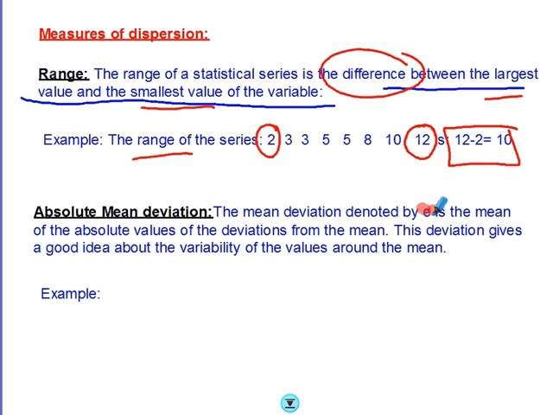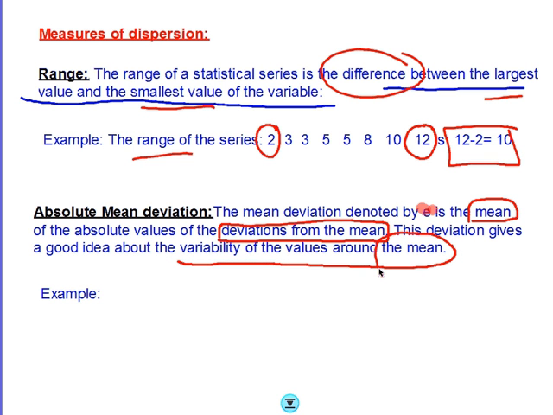It is the mean of the absolute values. When I say the mean here, I mean the average of the absolute values of the deviation from the mean. This deviation gives you a good idea about the variability of the values around the mean.